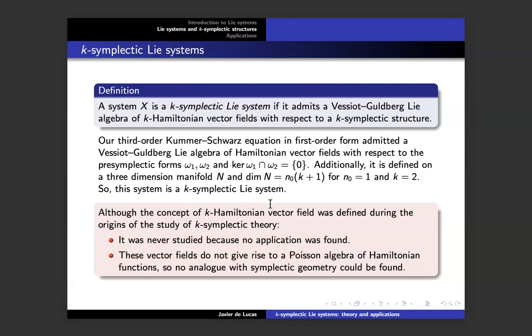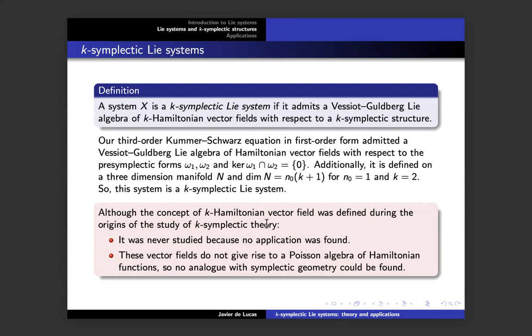Okay, so there is something interesting about this, and it links to a question made by Oscar a week ago. The concept of k-Hamiltonian vector field was indeed defined during the origins of the k-symplectic theory.